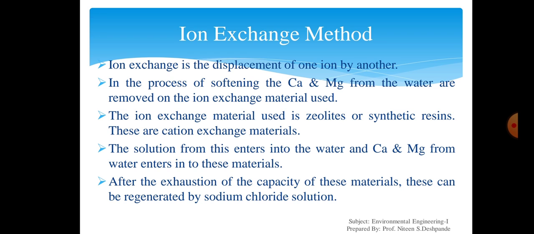So synthetic resins are cation exchange materials. We know that cations are the positively charged ions and anions are the negatively charged ions. Positively charged ions will be attracted towards negatively charged ones, hence the calcium and magnesium will get separated from the water by using the synthetic resin or the zeolite, and the water will get softened.